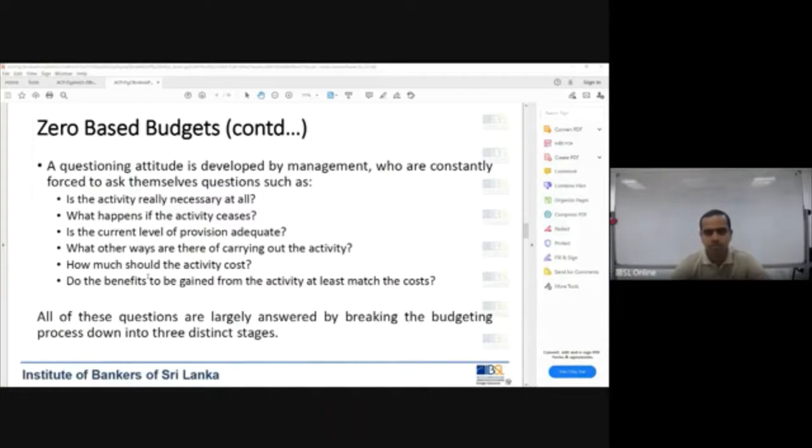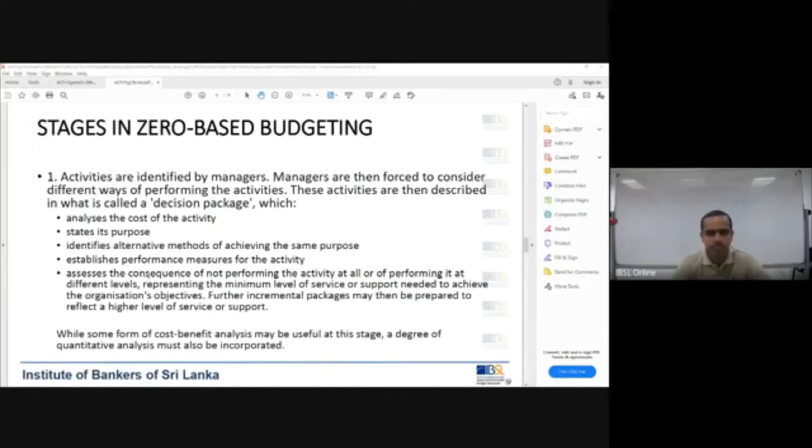All of these questions are largely answered by breaking the budget process down into 3 distinct stages. Activities are identified by managers. Managers are often then forced to consider different ways of performing the activities.